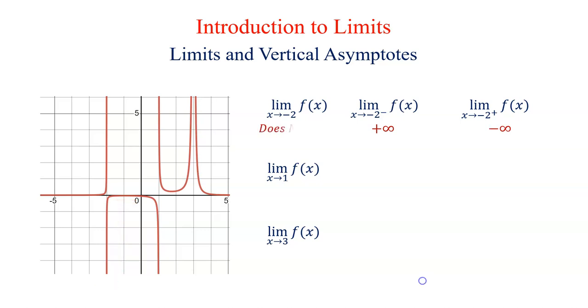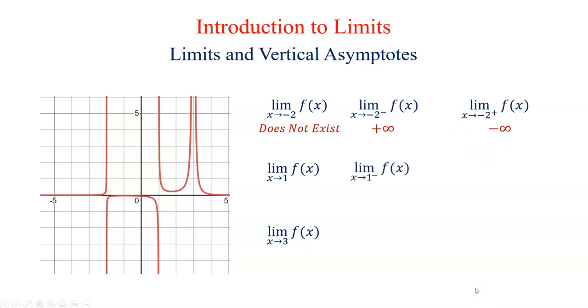And because these two are different, it's showing that there is no actual trend as we go toward -2. So by actually illustrating what's happening from the left, what's happening as we approach from the right, we can see definitively that there is no trend as we go toward the -2.